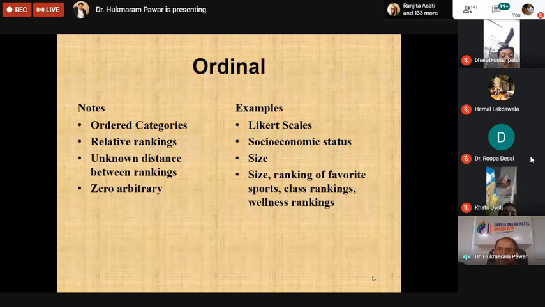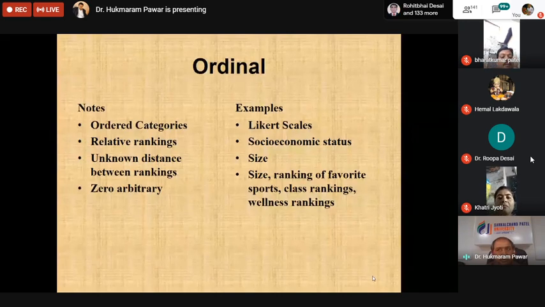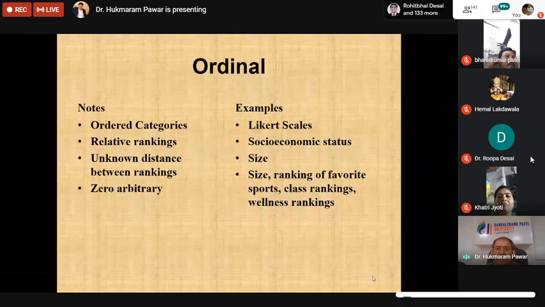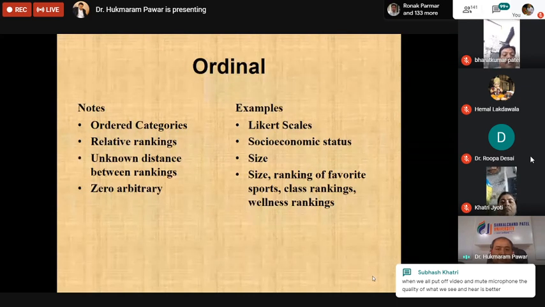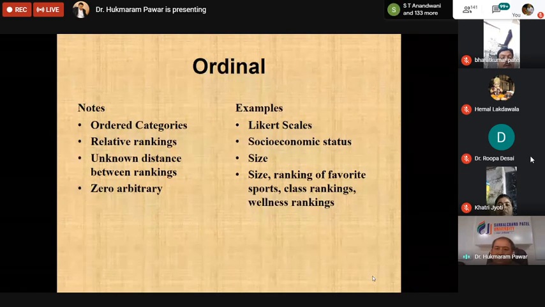That is called ordinal. So it is a little bit more powerful than the nominal. All the qualities and characteristics of nominal are included in the ordinal. It is also a qualitative kind of data, qualitative kind of information.